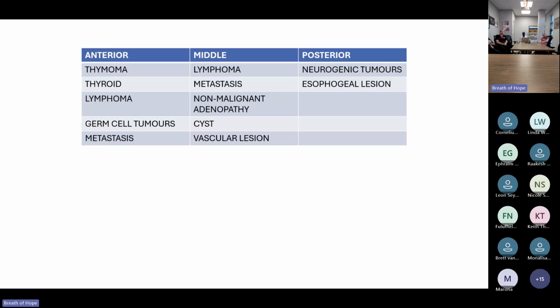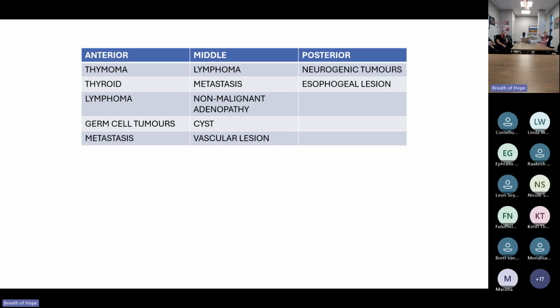Now, how do you classify mediastinal tumors? We classify them into three categories: those that arise from the anterior compartment, middle compartment, and posterior compartment. In the anterior compartment, there are, I think, six of them: thymoma, thyroid, lymphoma, germ cell tumors, and metastasis.